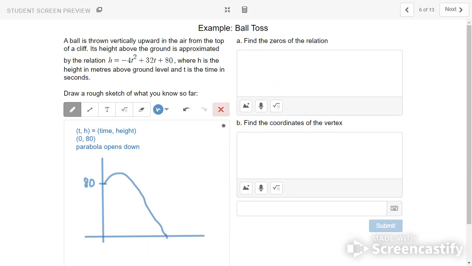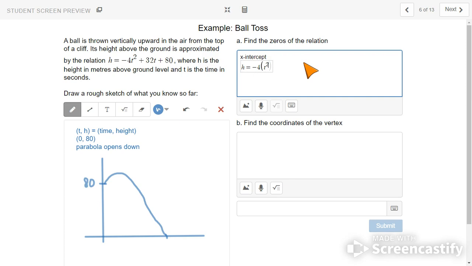First, let's find the zeros of the relationship. When we're talking about zeros, we're looking for the x-intercept. I'm going to factor first again to see if I am able to factor it before I use the quadratic formula.